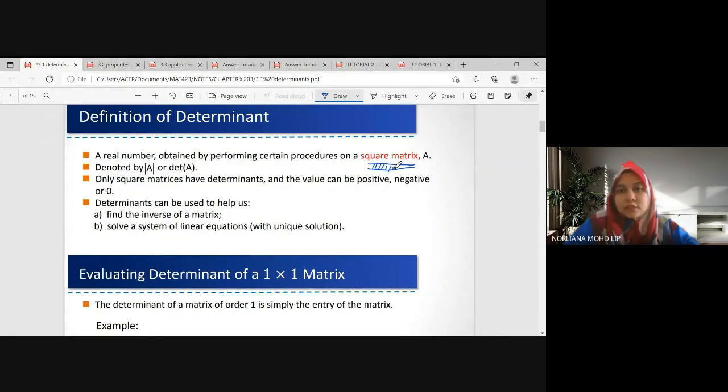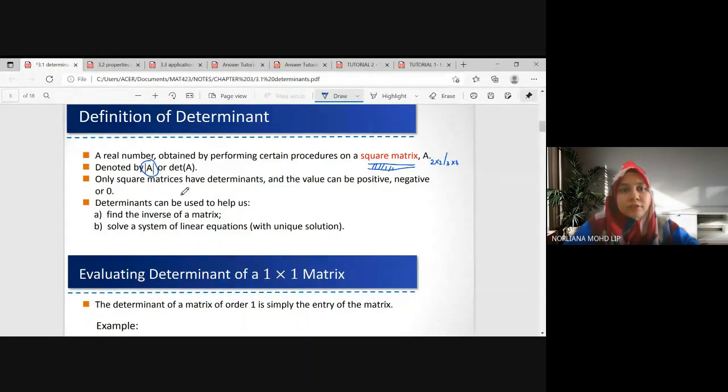The characteristic of determinant is that it must be a square matrix A, for example a 2 by 2, 3 by 3, or 4 by 4 matrix. It is denoted by this symbol, determinant of A. This is not a modulus. Determinant is not a modulus. Or we can use the symbol det A.